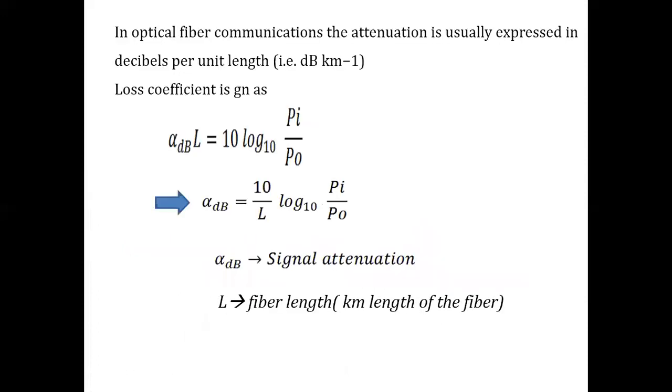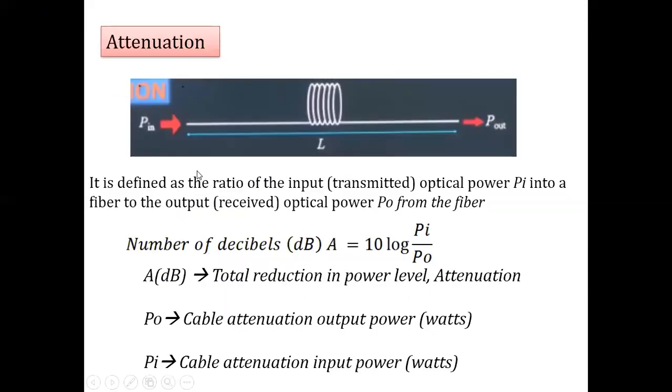In optical fiber communication, the attenuation is usually expressed in decibels per unit length, that is dB per kilometer. So the loss coefficient is given per unit length. It can be represented as alpha dB.